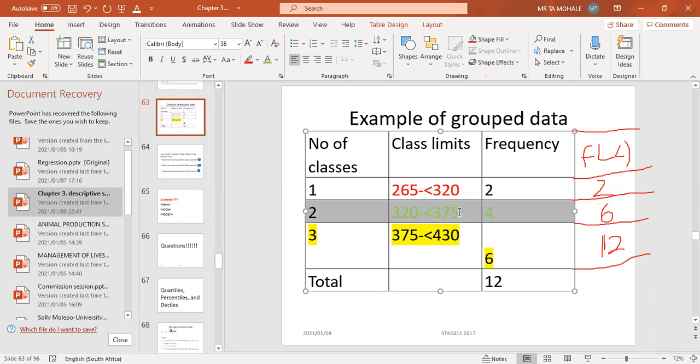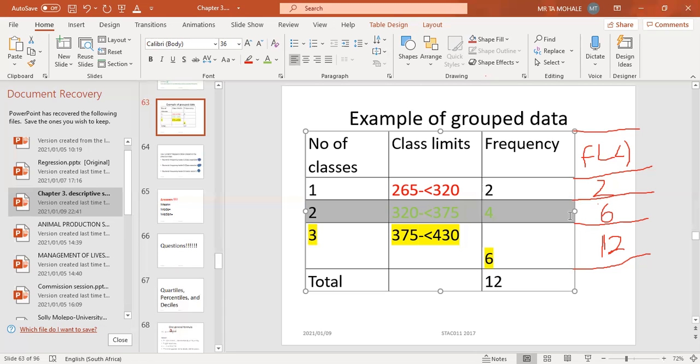320 plus the value of C, 55, into 1 times 12 over 4, minus the cumulative frequency before, which is 2, right?